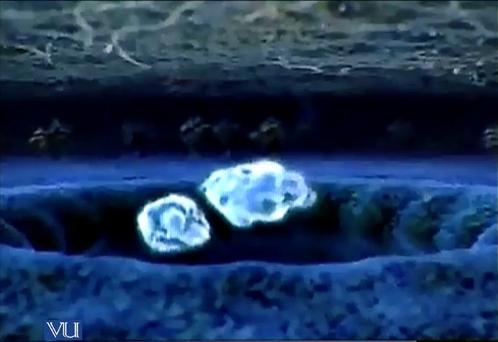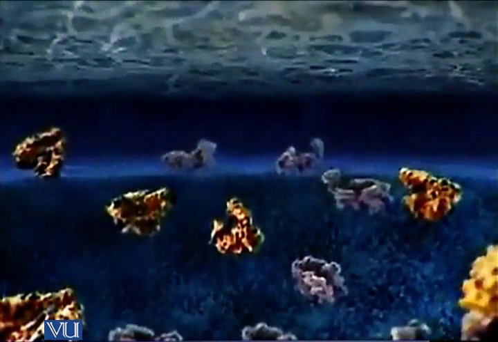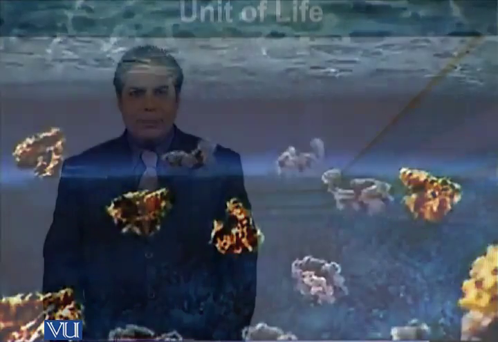These vesicles, when they fuse with the plasma membrane, spill their contents into the extracellular space. That's exactly what we are seeing here. These proteins are being released in the extracellular space. So now let's go and look at the functions of these organelles in more detail, one by one.